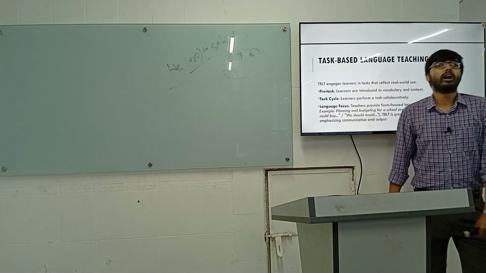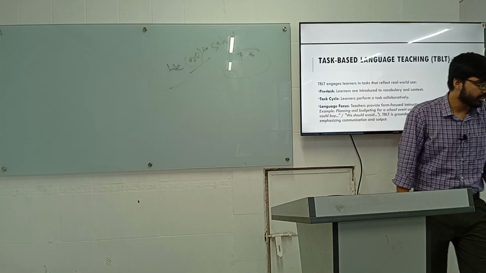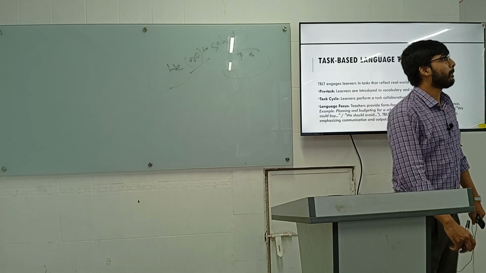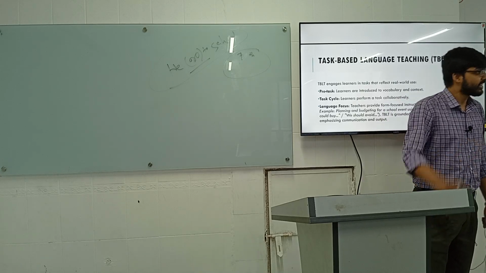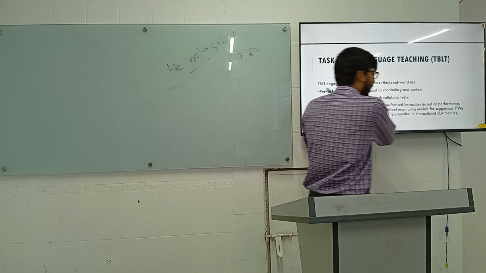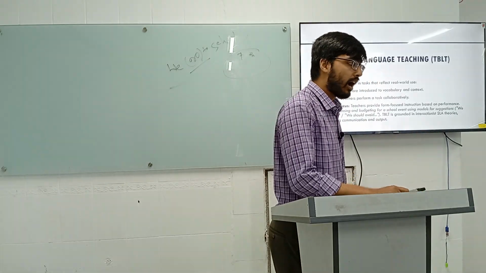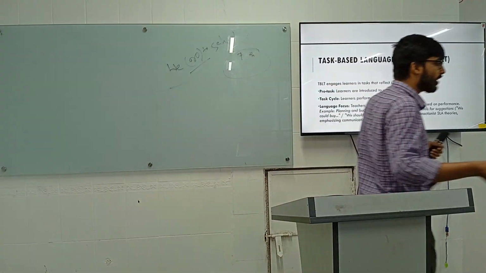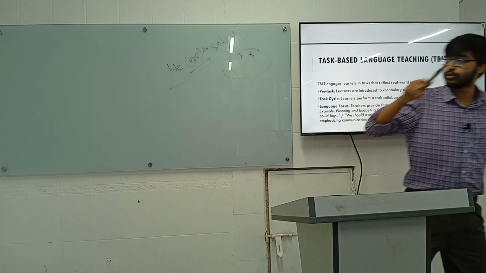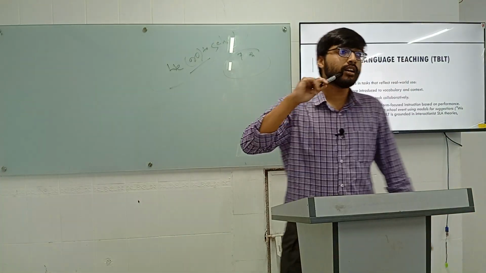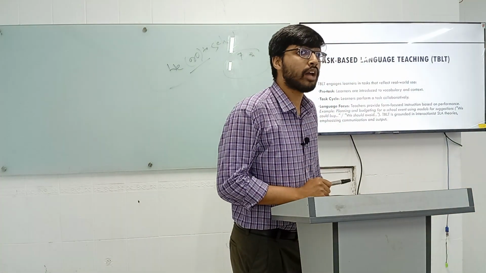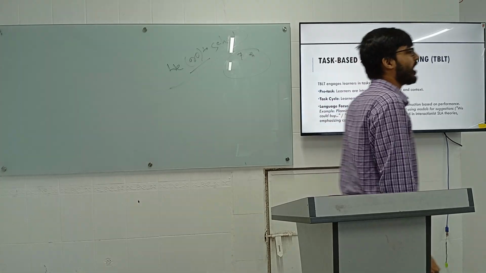Number 3, cash on delivery. Number 4, cash before delivery. These things. Okay, so pre-task has been done. I taught my students that these are some words that should be useful in order to understand how to write an order letter. Okay, then the task cycle.